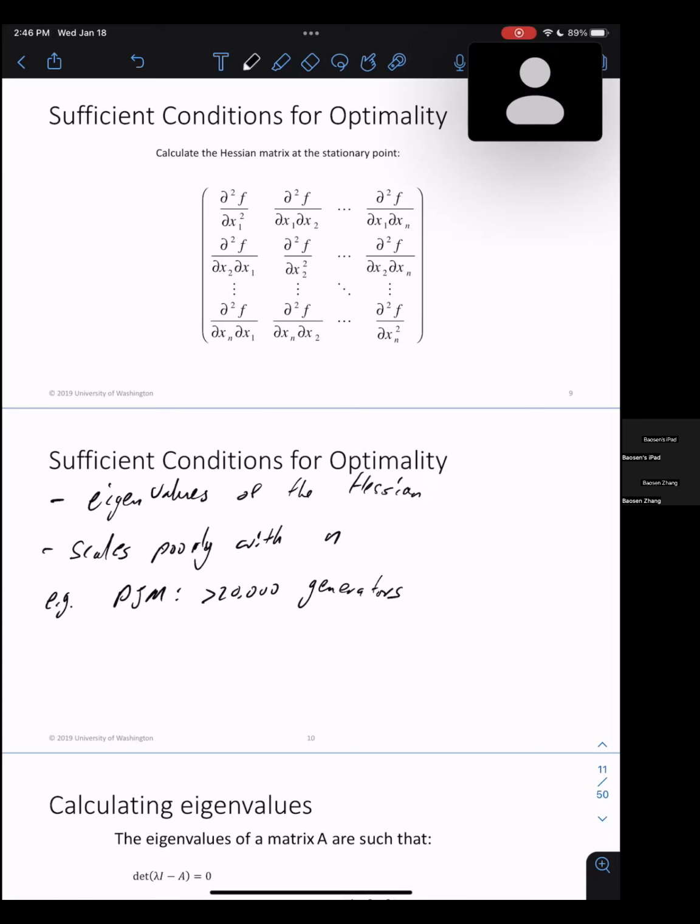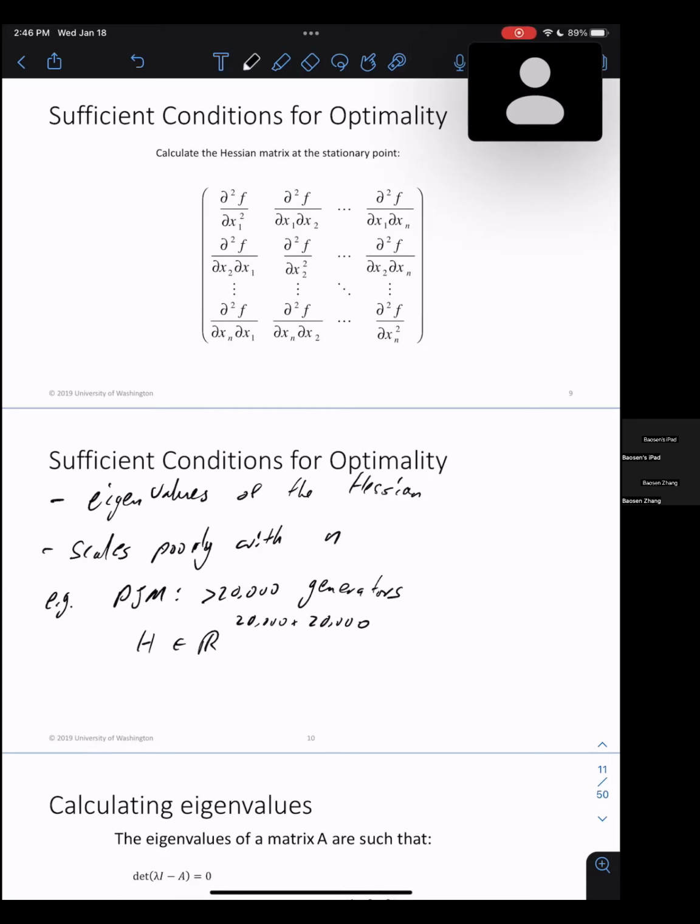So your H is about 4 times 10 to the 8, so close to 500 million parameters. You really don't want to compute all the eigenvalues of this thing. There are way too many eigenvalues to compute. You're not going to compute this within any accuracy.